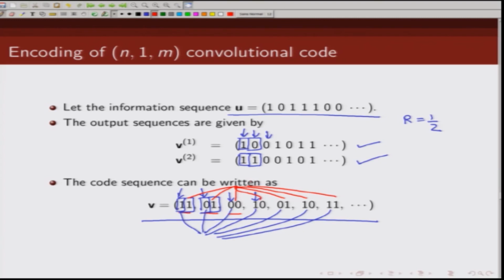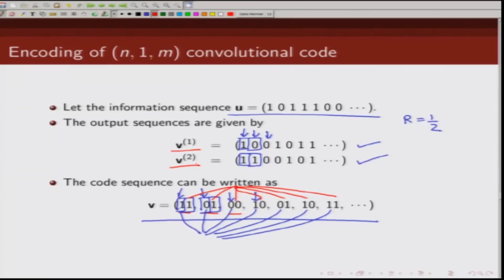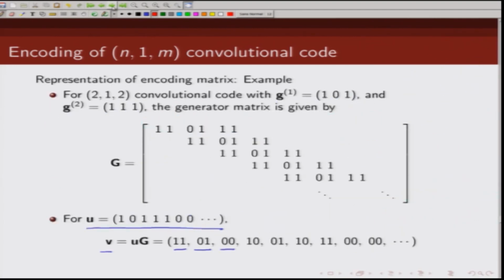When you are combining these output sequences, V1 and V2, you are taking V1 as it is, only thing is it is spread out after every second bit, and V2 is delayed by 1 and it is also spread out. This 1 is appearing here, this 0 is appearing here, this 0 is appearing here. So every second bit is also from this encoded sequence, and note that this is delayed by 1 corresponding to V1. So that is what we are doing here.